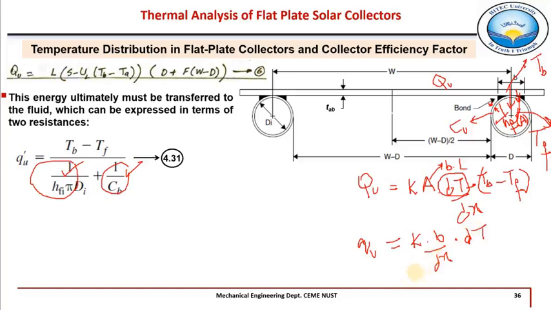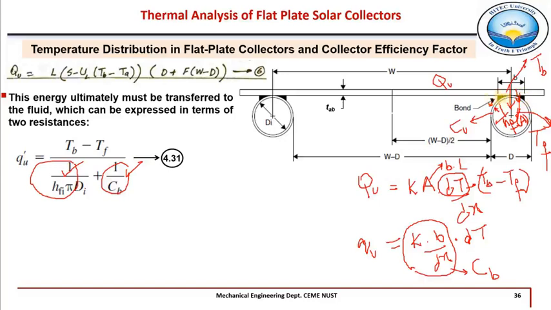Right, so here we can define this term as bond conductance. Kb over dx is the bond conductance Cb, right, and 1 over Cb will be the thermal resistance, or dx over Kb. Here dx is the thickness of this bond from this point till this point.